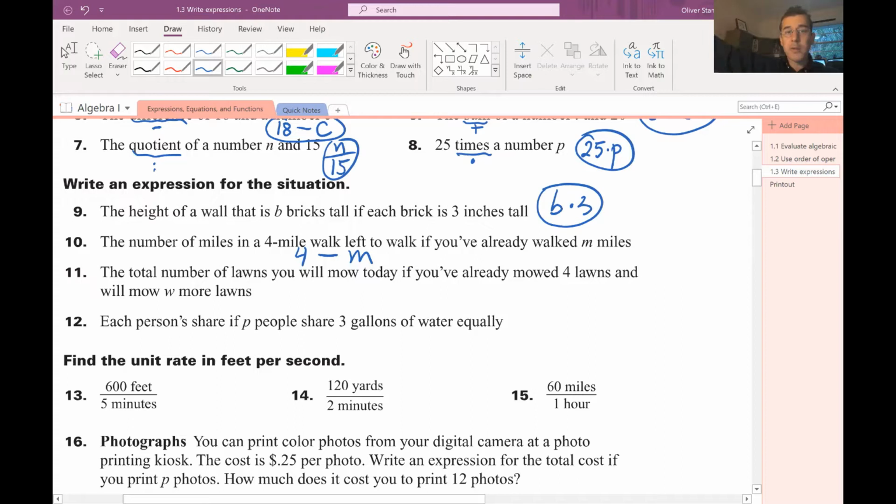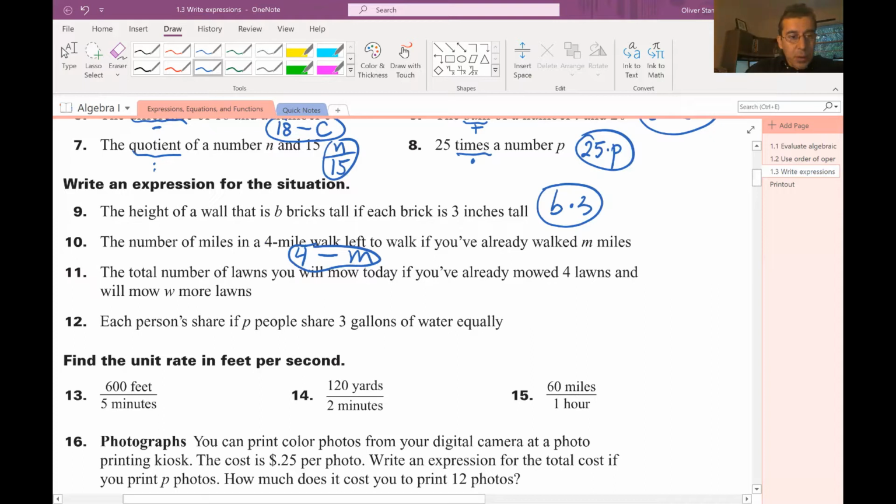It's a 4-mile walk. So how many more do you need to walk? You've walked only 1, so there are 3 more. How do you get that? It's 4, the total amount you have to walk, minus what you've already walked. If it's 1 or 2 or 3, it can't be more than 4, right? Because 4 is the entire walk. So the expression is 4 minus m.